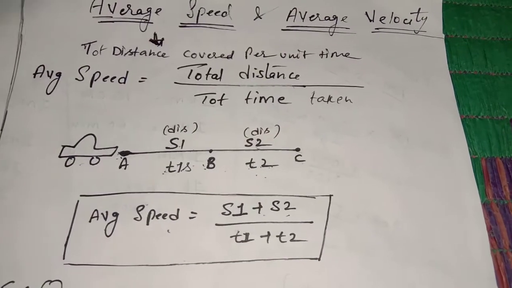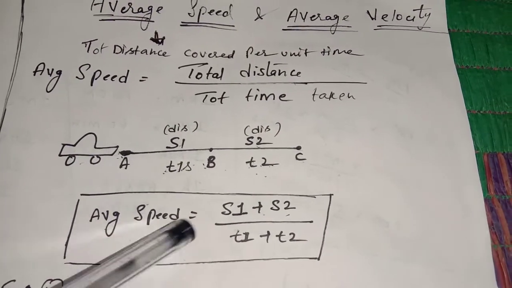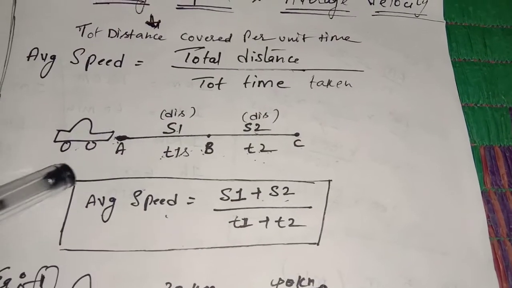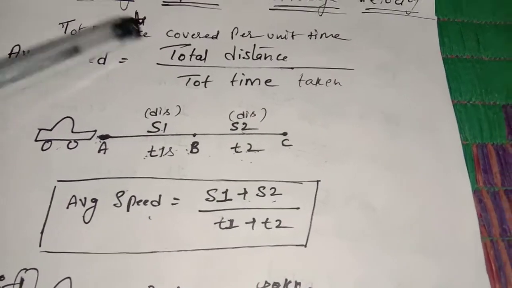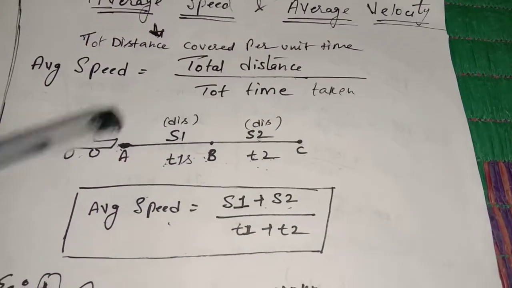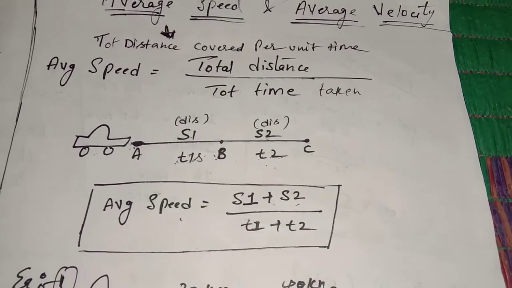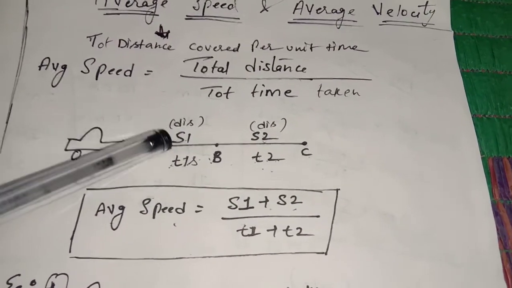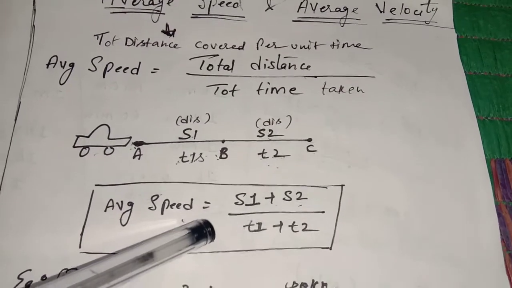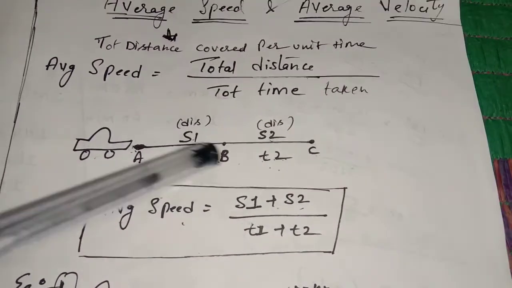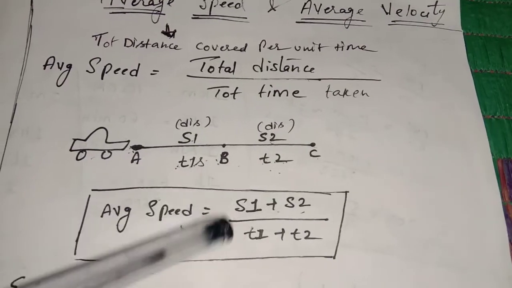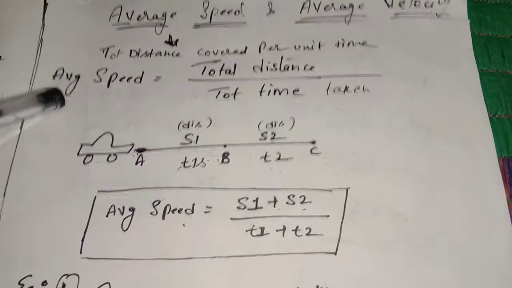So how do we calculate the average speed? Total distance by total time. From point A to point C, we need the total distance. So we take s1 plus s2 divided by t1 plus t2. This is how you get the average speed.